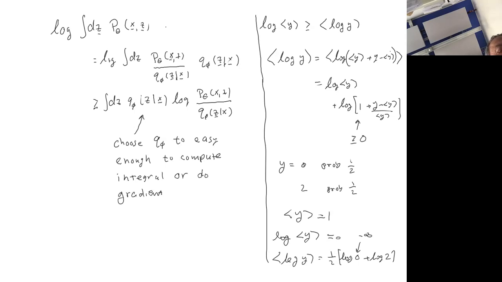Okay. So this is called the ELBO, by the way, the evidence lower bound. These things have a name. So you want to maximize the ELBO. So now your loss.